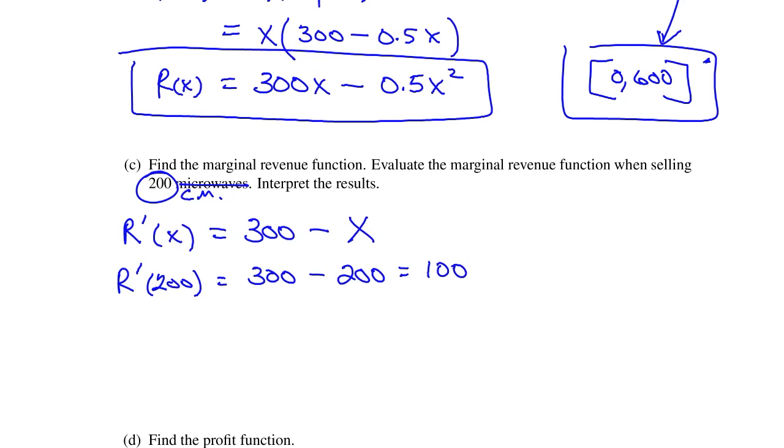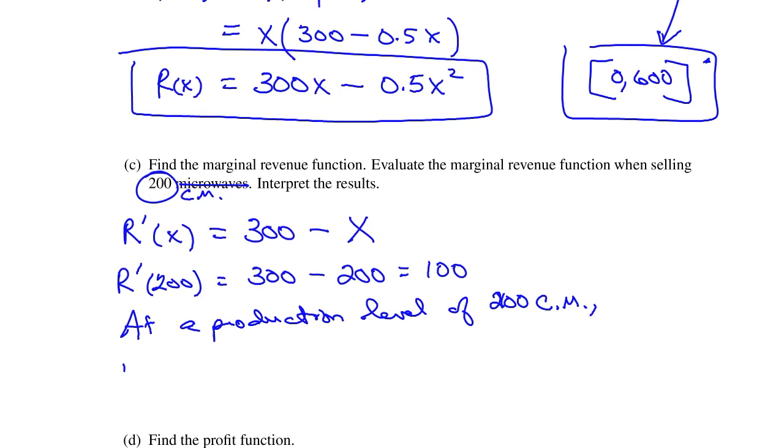And the interpretation is, at a production level of 200 coffee makers, revenue is increasing at $100 per coffee maker.